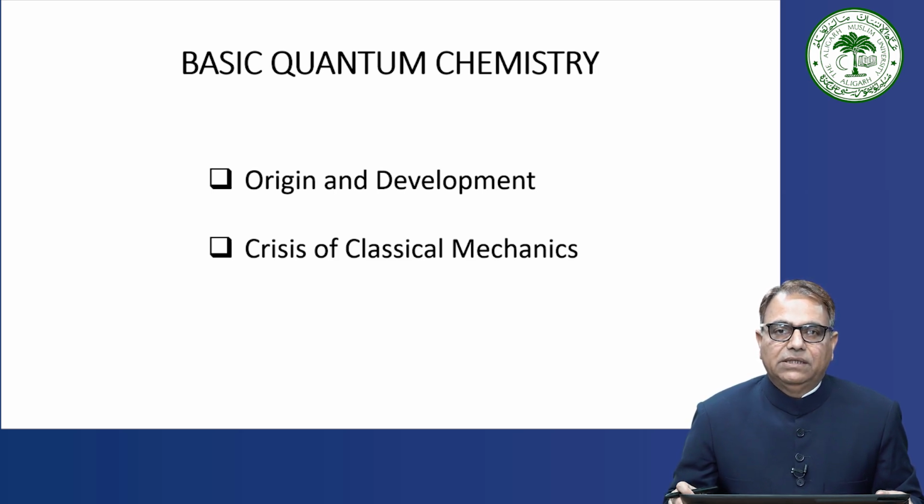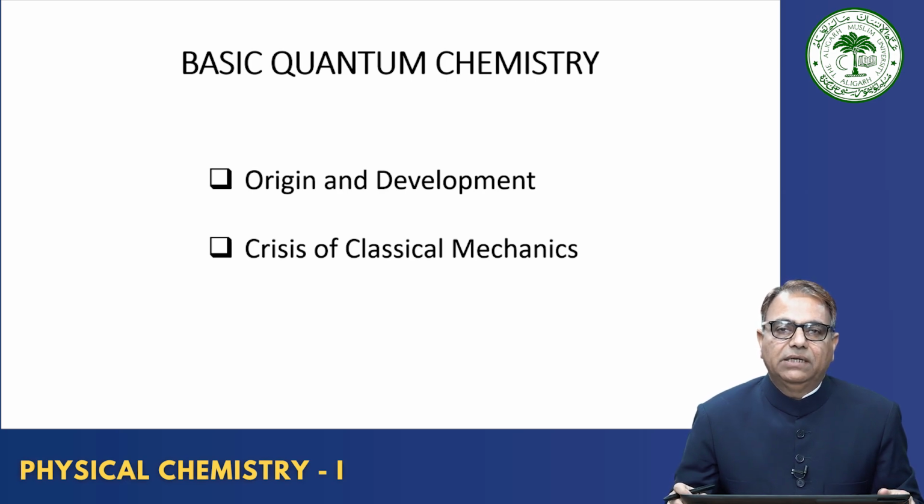Quantum mechanics is a core branch of physics, and its principles were developed around 1900. So in this course, I will first talk about its origin and development, and how quantum mechanics came into existence.